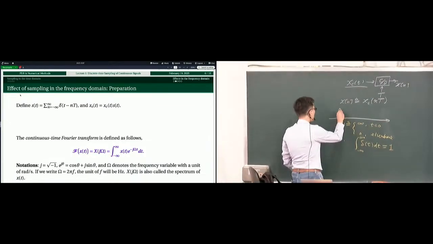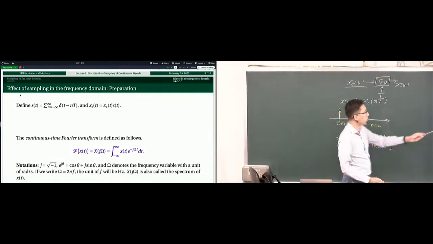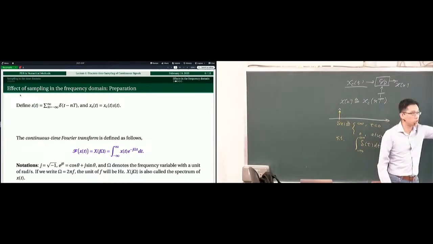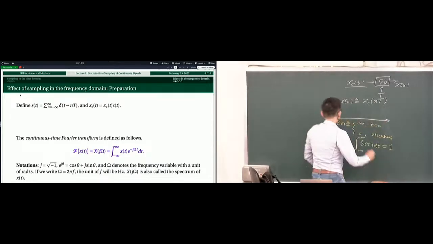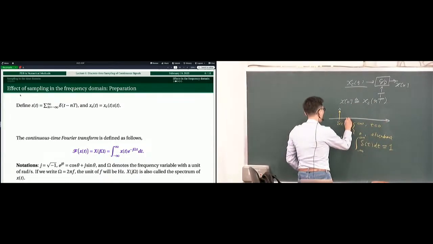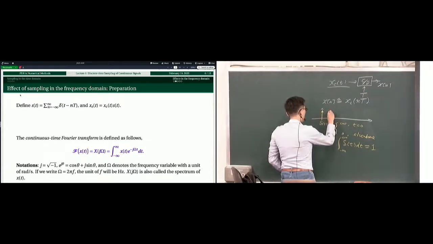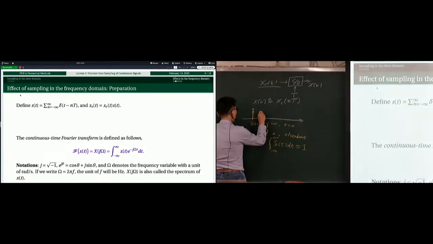All right, so we have delta of t, but that's just one component. We have an infinite series of delta of t shifted to the right and to the left. So to draw a picture of S of t as a summation, you can imagine that you have this delta, another delta impulse at T, and yet another one at 2T, and so on.